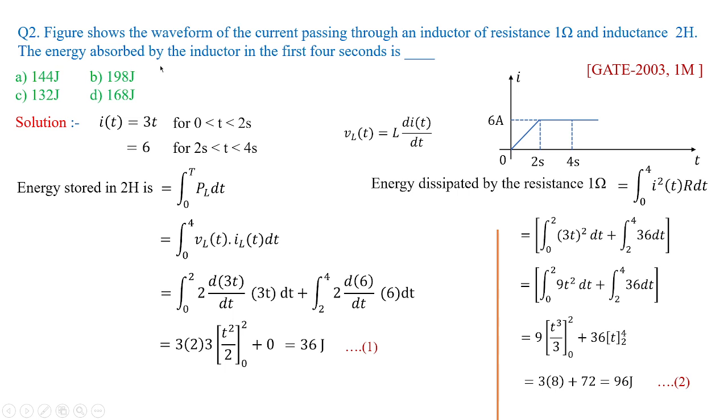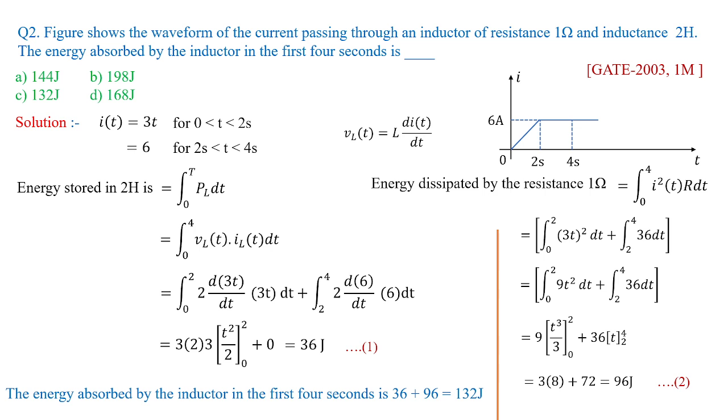So overall, the energy absorbed by the inductor in the first 4 seconds for the RL network, when the current waveform is supplied through it, is obtained to be 36 plus 96, which is equal to 132 joules. Very interesting problem. In fact, this was asked for 1 mark. It should have been asked for 2 marks.